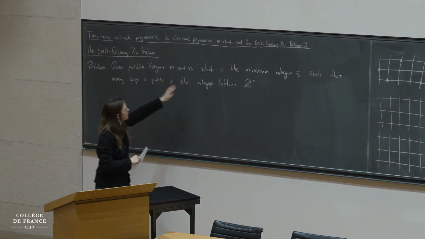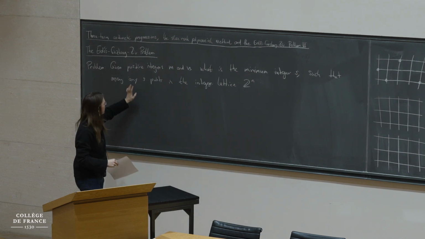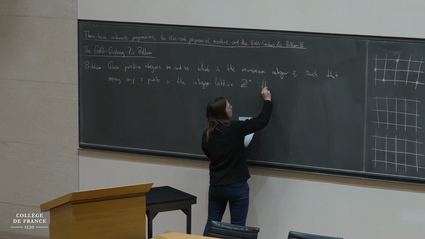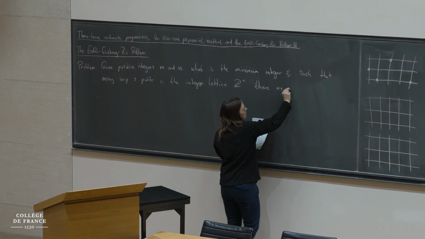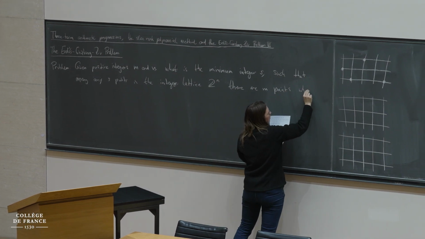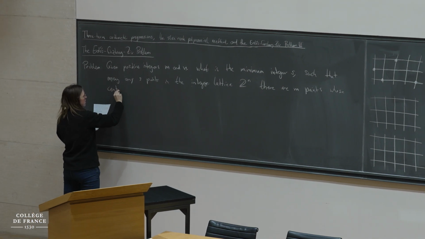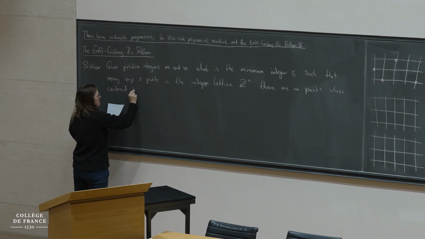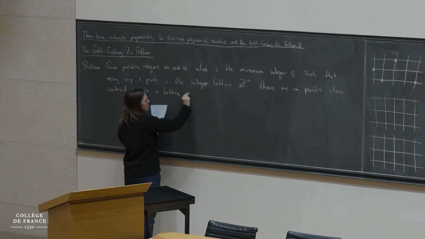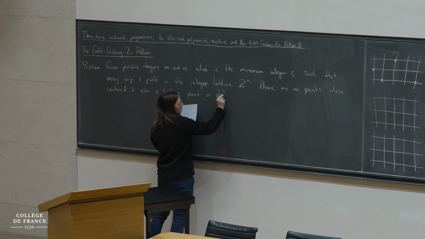We're given s such points with integer coordinates. And the question is, how big do we need to make s so that it's always possible to find m points with the property that their centroid is also a lattice point in Z to the n.